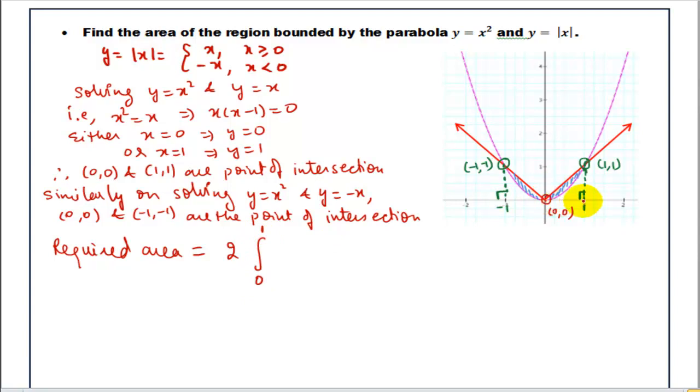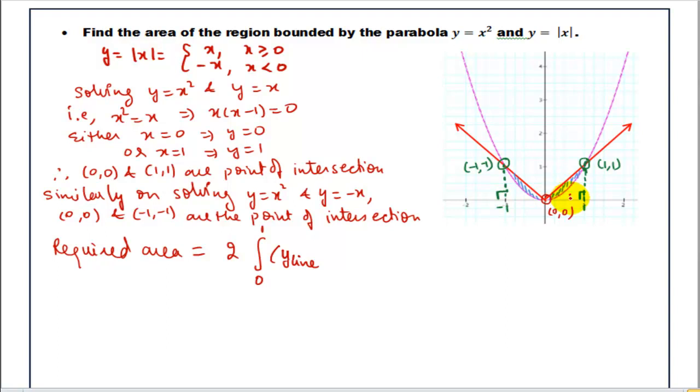Okay, so from 0 to 1, the area is falling under the line. But when we say it is falling under the line, we get this required area. We also get this unwanted area which is not shaded. So if I write area under the line, then I'm not getting the area we require. Other than that, we are getting extra area.